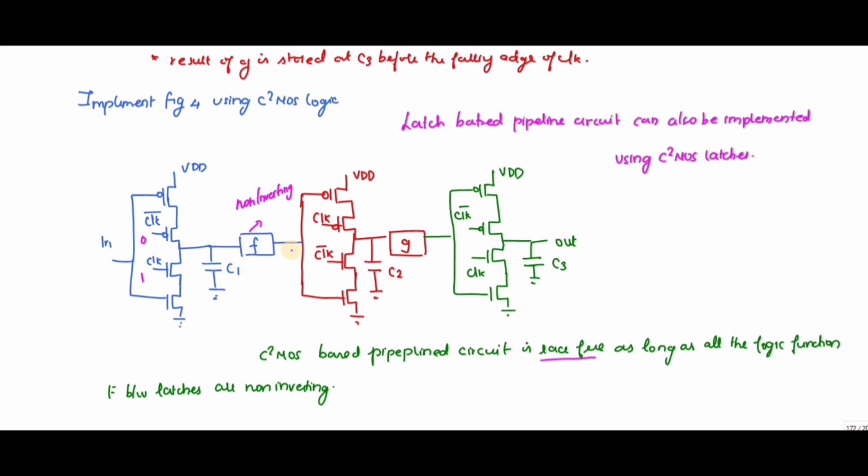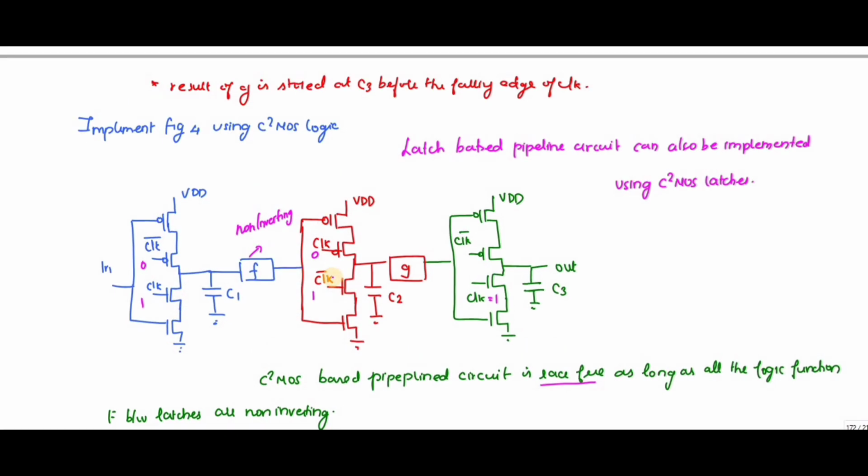Then the computation of f starts. Then it will work as a master and slave. So here it has to work as a master and slave, right? Once this process gets completed, after that the slave will work. So my clock bar becomes 1 and clock 0.